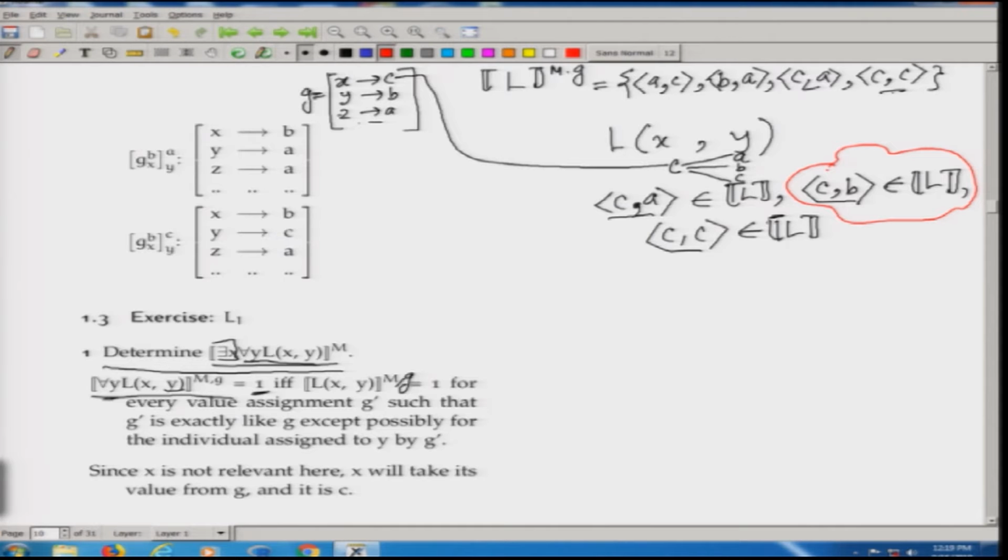Hence, when we have a case like this, you have to satisfy the AND case.